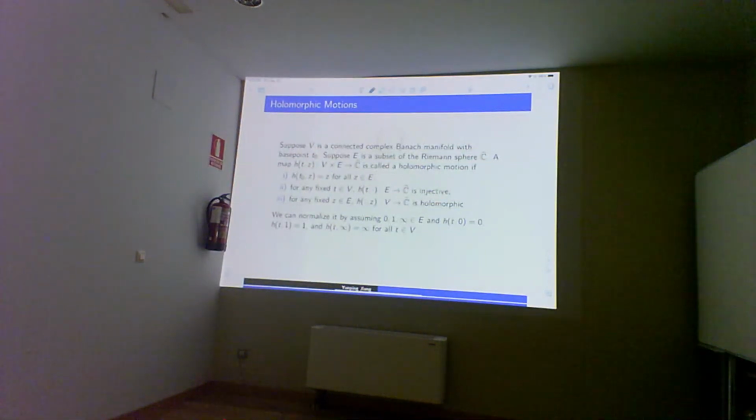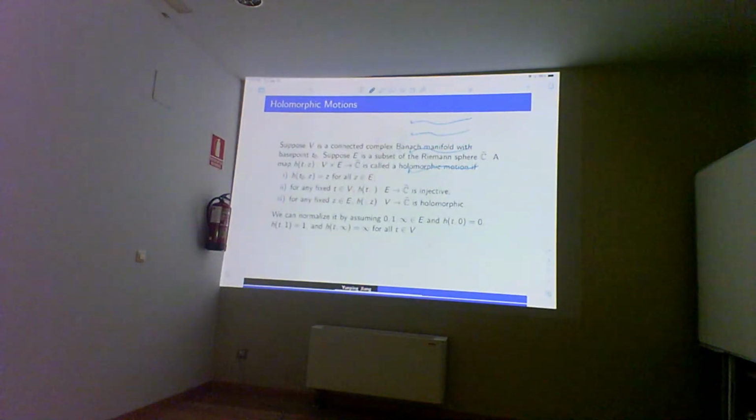A map from V cross E to C hat is called a holomorphic motion if, first, at the base point it is the identity; then for T fixed, the map is injective; then for z in E fixed, the map is holomorphic. Basically, you have many points, and each point moves separately. They will not intersect.